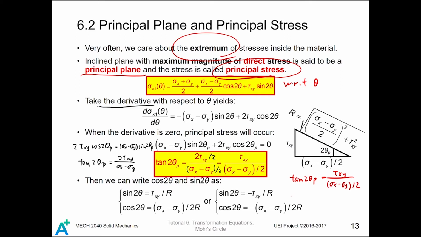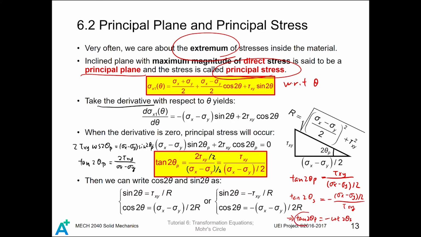Now we have tangent 2 theta s equals minus (sigma x minus sigma y)/2 divided by tau xy. Immediately, you can find the relationship that tangent 2 theta p equals minus cotangent 2 theta s. Because you can observe from them, you can get this relationship.